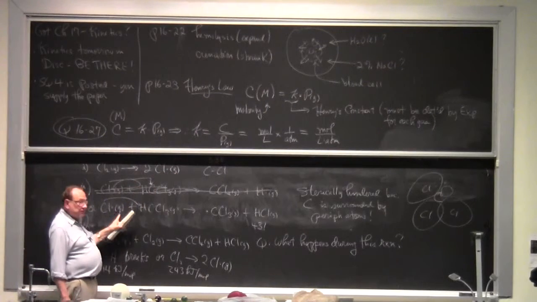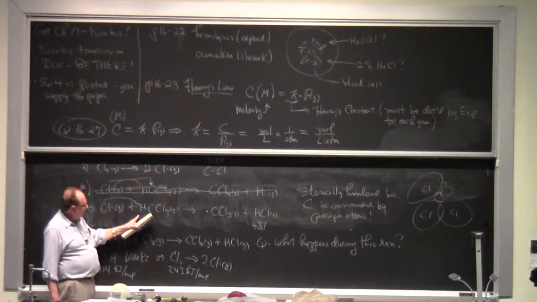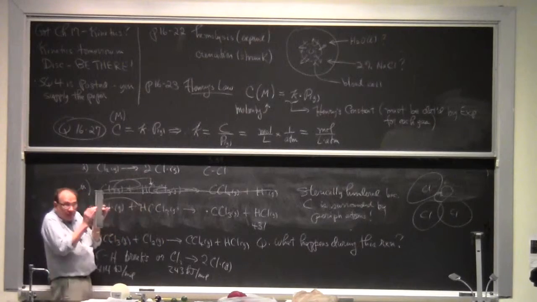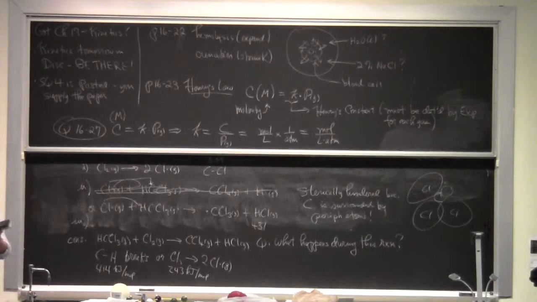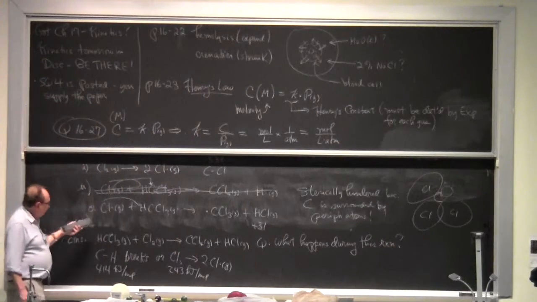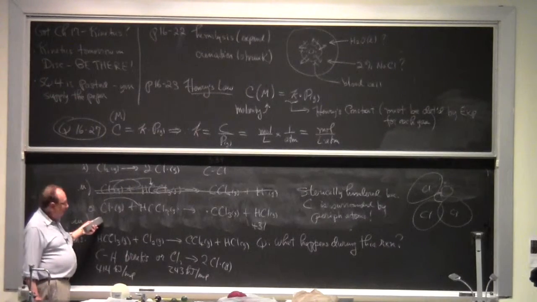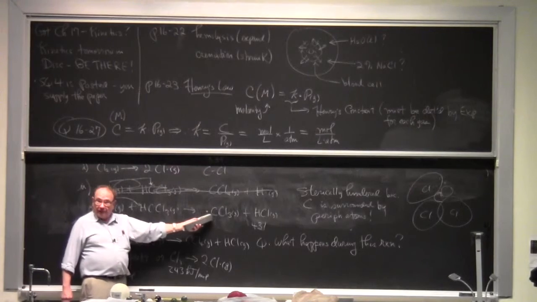Only one chlorine atom was used in this step. If we just pay attention to what's in the pot, we got the HCl molecule made. We got a chlorine atom in there that's ready to react, and we got something in there with which it is very likely to react, don't you think? Not a chlorine molecule, but a chlorine atom. We got this in there now too, don't we?